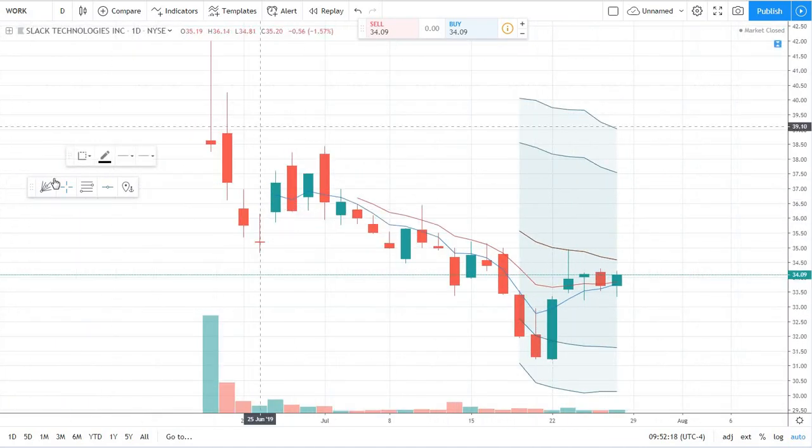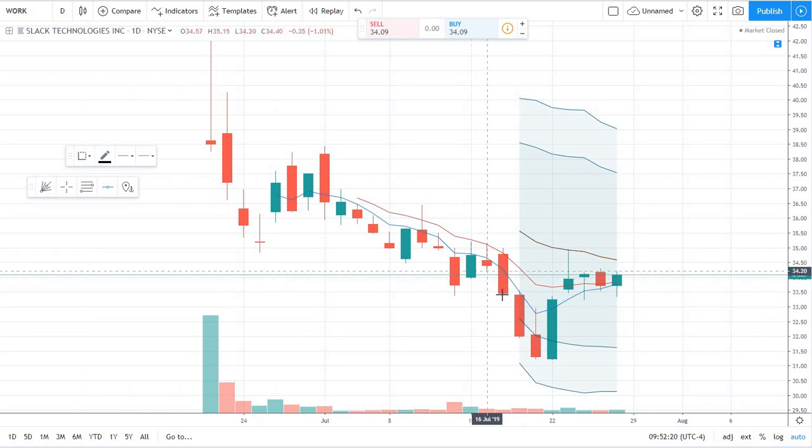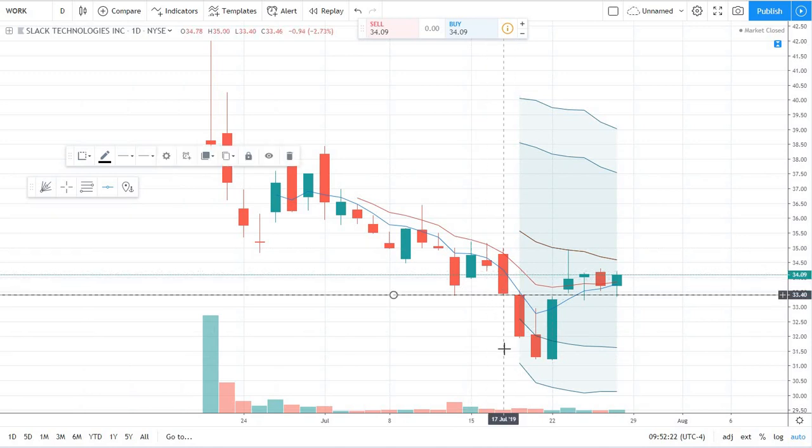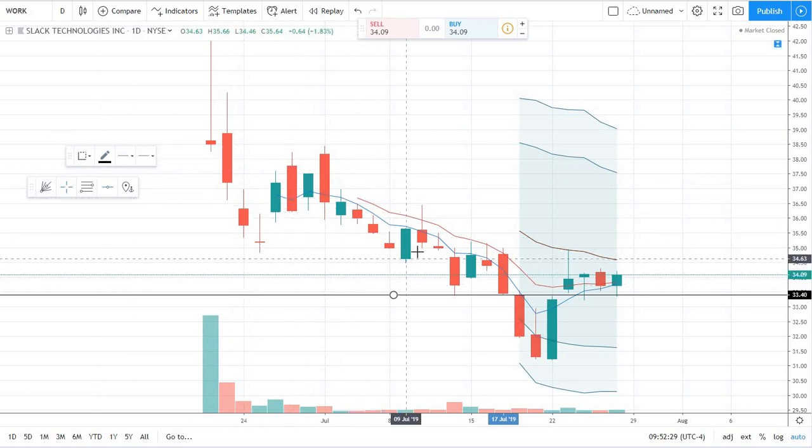So put in our support and resistance levels first. I usually do about three in each direction, give or take. There. This could maybe go up a couple of pennies, but I'm not too concerned about it.